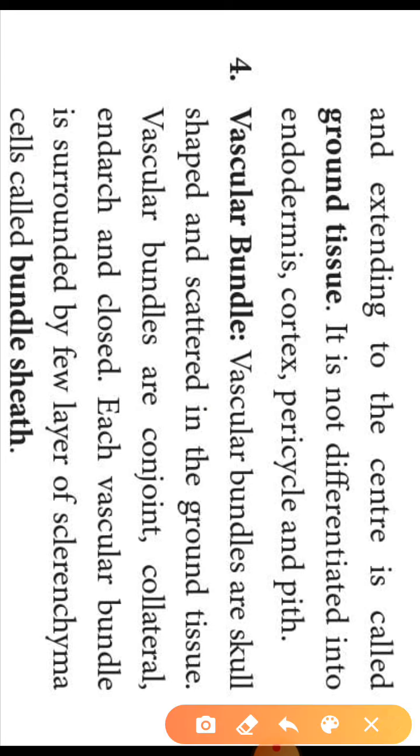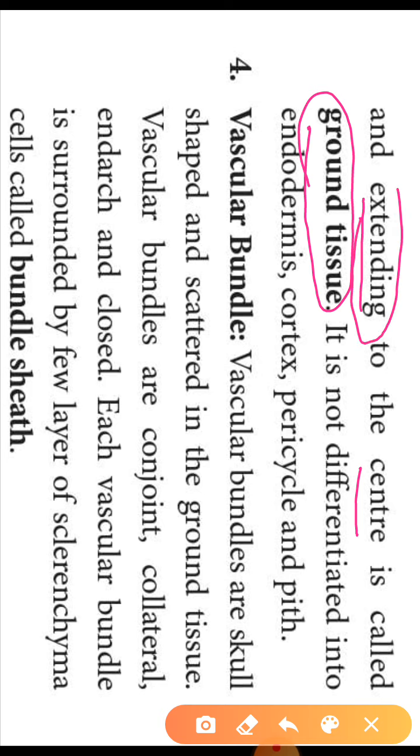Extending, write the meaning: move longer into the center is known as ground tissue. The entire, which means whole, mass of the parenchyma cells which is present after the hypodermis, and extending, move longer into the center, is called ground tissue.